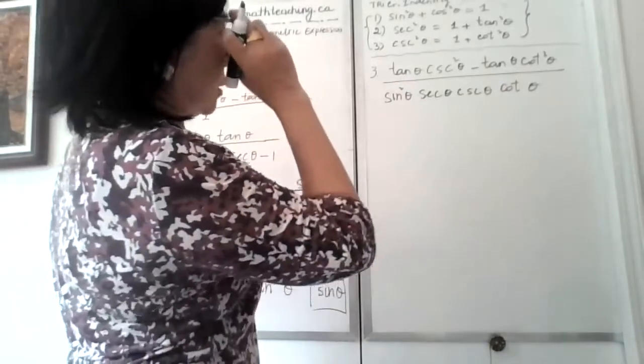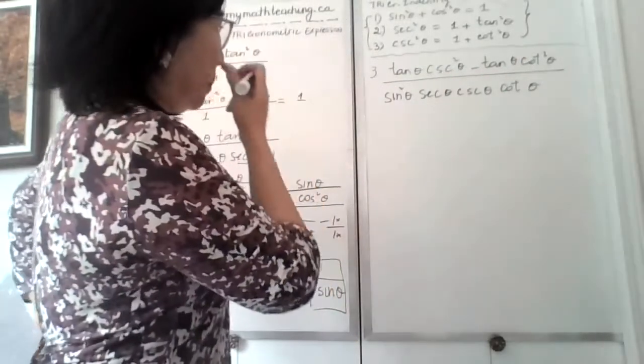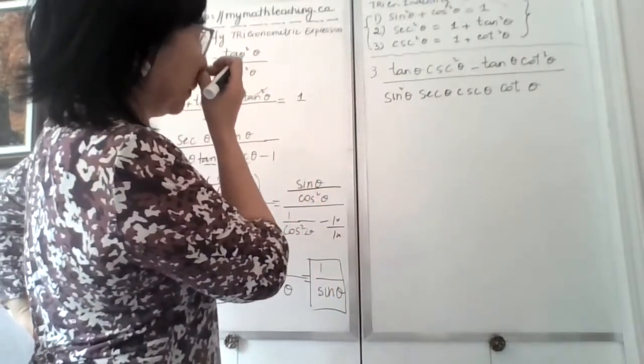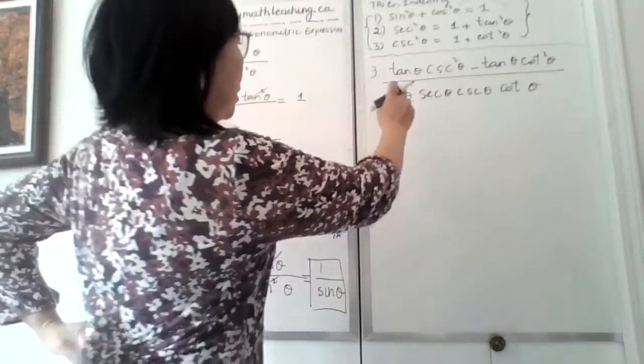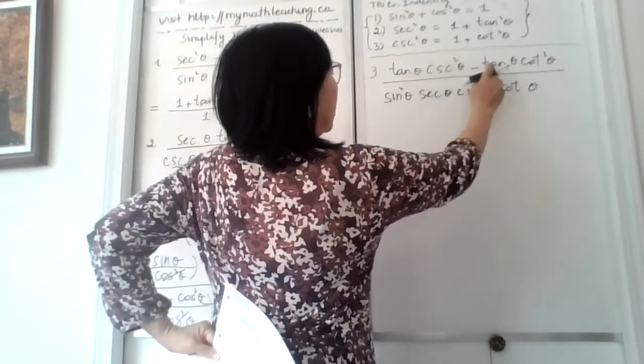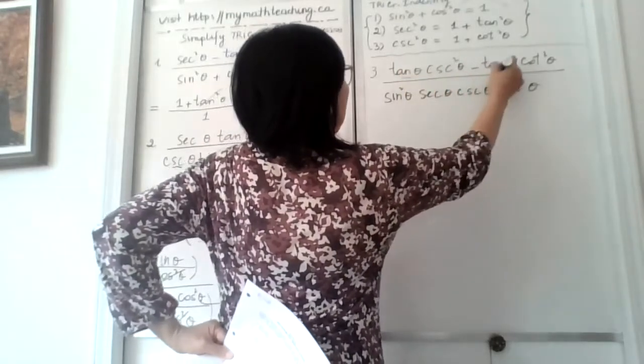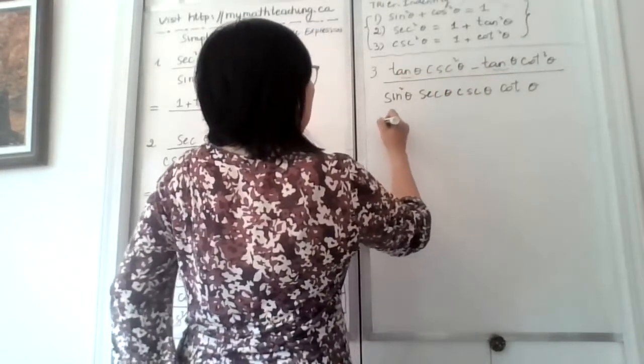Now, what I noticed is that on the top here, I can take the common factor out. We have tan theta as a common factor. So let me do that first.